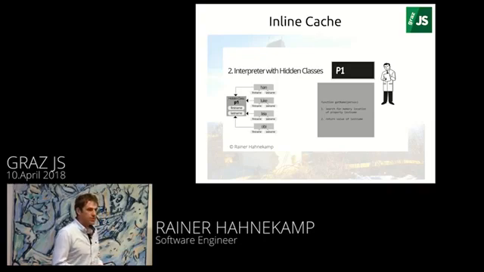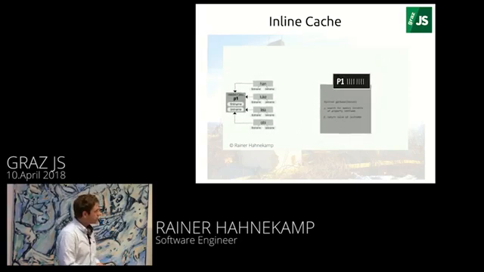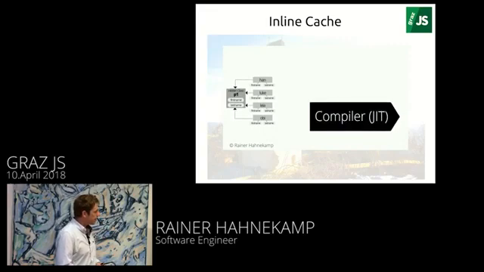So all these four objects are assigned to the hidden class P1. And additionally, there is this guy on the left side, and that is the profiler. The profiler is watching the execution and is recording the hidden classes that are passed to this function. And as you can see in our case, it is always P1. This code is currently still interpreted, but now the code is passed on to the compiler.